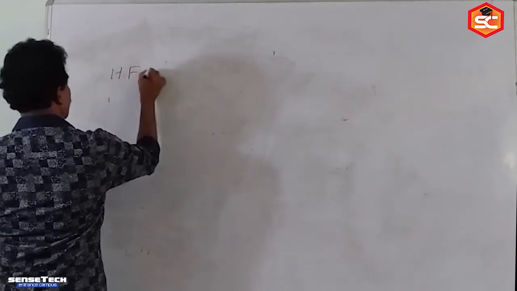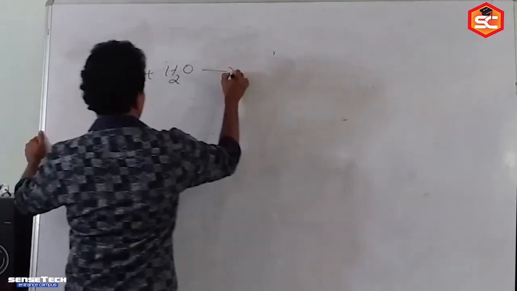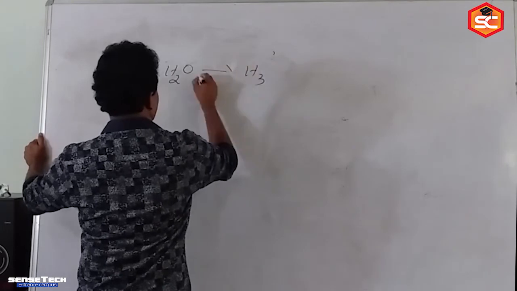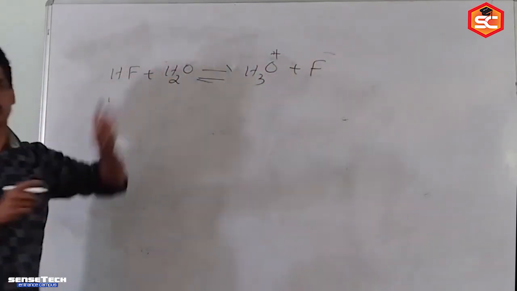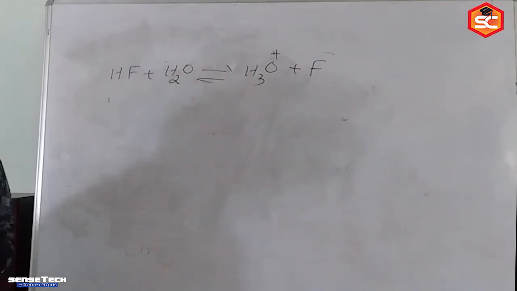Hydrofluoric acid HF plus water gives reversibly H3O plus and F minus. This is the ionization of HF in water. So what is the Kb value? Concentration of products by concentration of reactants.